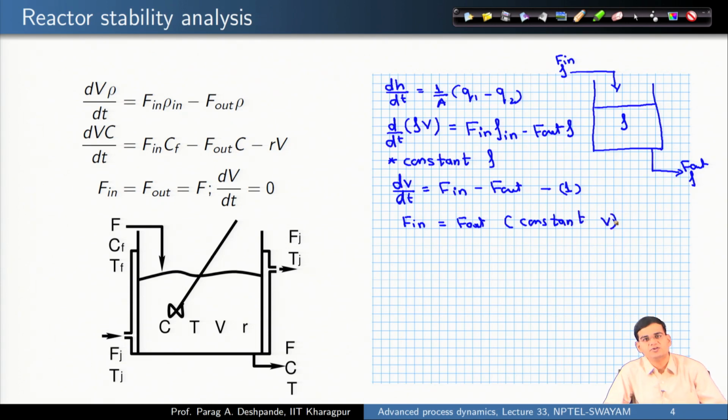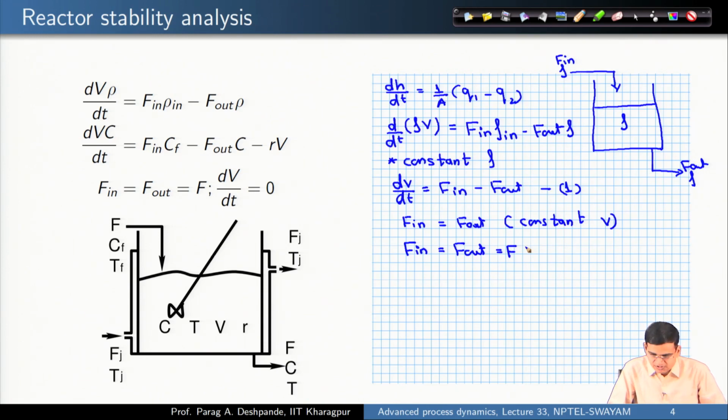And when F in is equal to F out, the total mass coming in is equal to the total mass going out, so I can simply write F in is equal to F out is equal to F, and that is the F which you see in the diagram on the left hand side. You are assuming that the operation is taking place at a steady state. So, there is no change in the volume of the system, and therefore, the inlet flow rate is equal to the outlet flow rate.